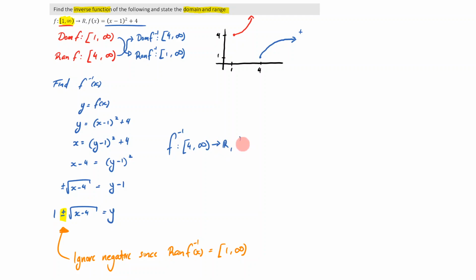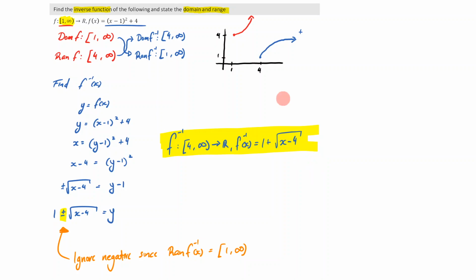And then this is equal to 1 plus, not plus or minus, just the plus, the square root of x minus 4. That all looks good. Perfect. So now that we've done that, we will highlight it like this. And there is our answer.